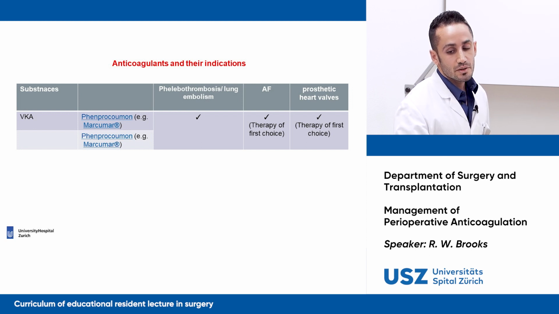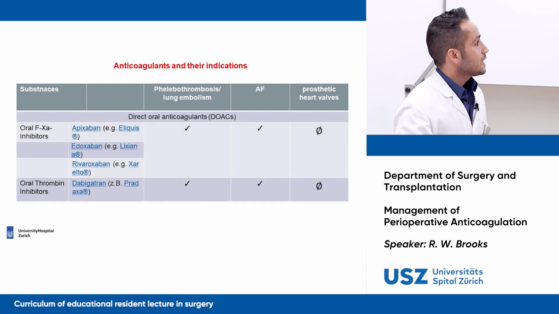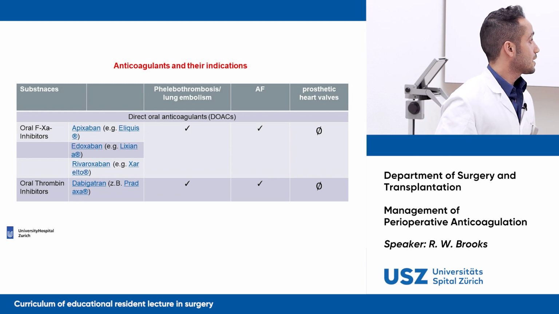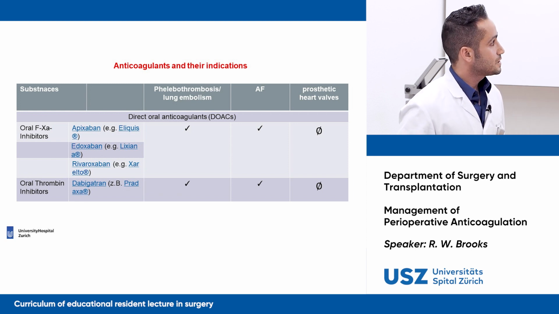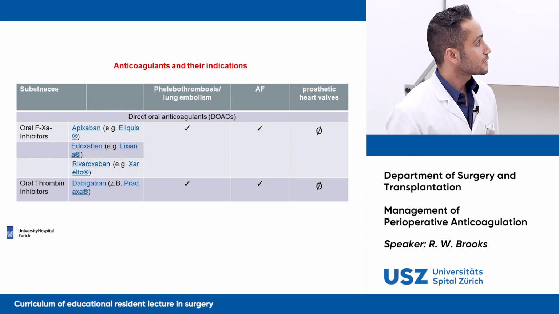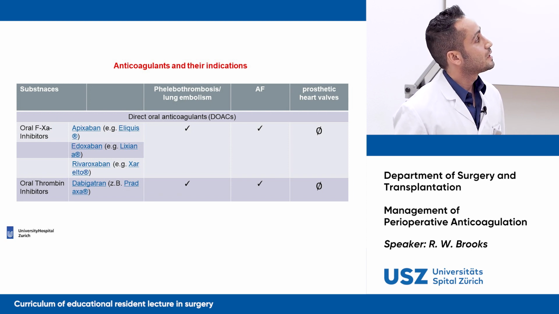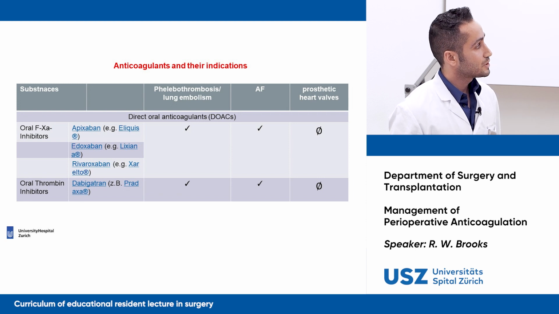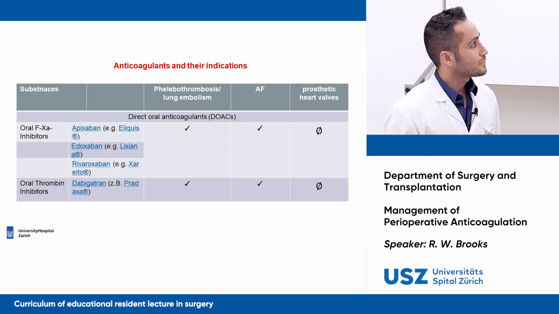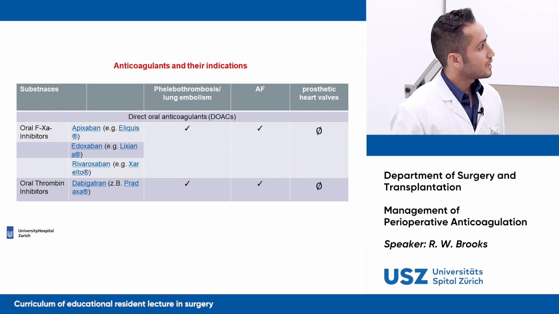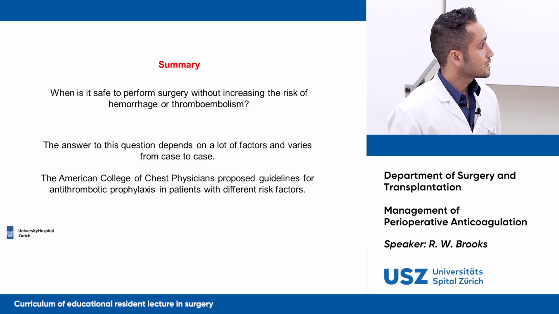But we can also give patients vitamin K antagonists for phlebothrombosis or lung embolism. And for the oral factor 10 inhibitors and thrombin inhibitors, there are approved indications such as phlebothromboembolism, lung embolism and atrial fibrillation, but there is no approval for prosthetic heart valves for those groups.